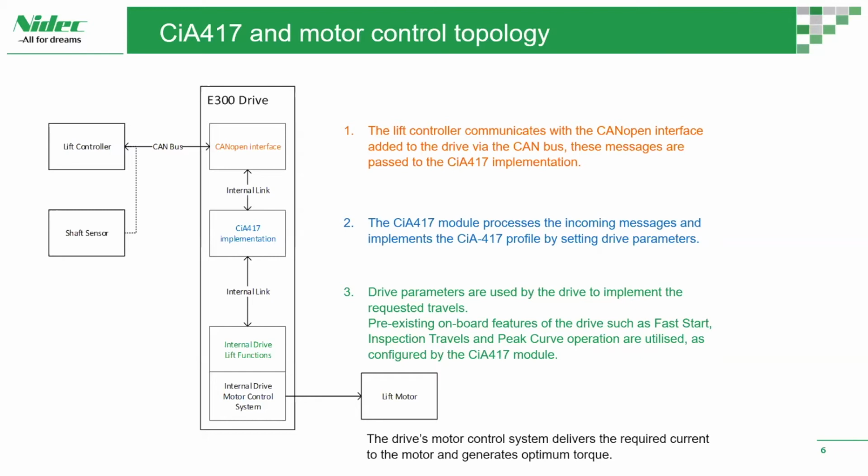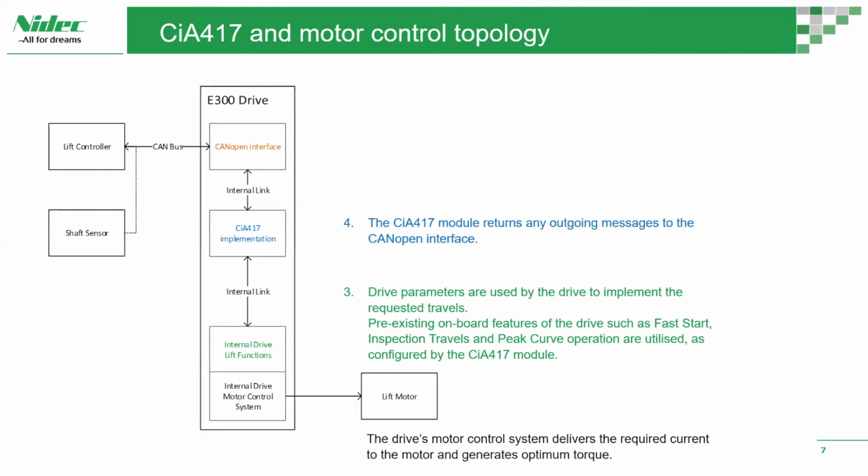And then finally, at the sort of lowest level, or within the drive, is the internal drive motor control system, which is responsible in delivering the required current to the motor and generating the optimum torque to hold the lift car, move the lift car, accelerate and slow down the lift car, and ultimately hold it in place for the brakes to drop.